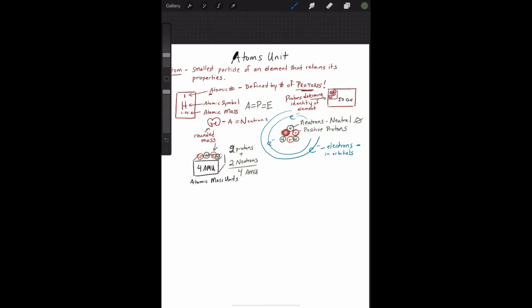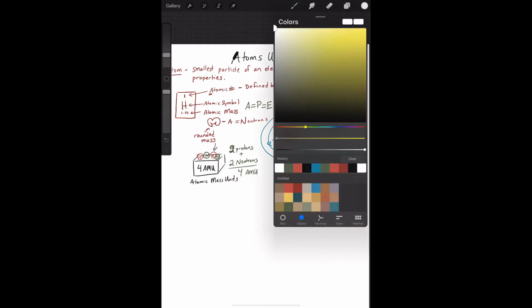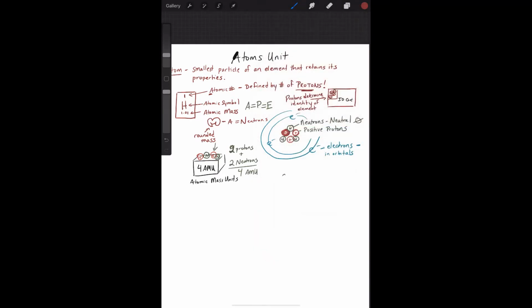The decimal in the mass comes from an average of all of the different isotopes of that atom. So if we want to think about isotopes, say we have carbon 12.